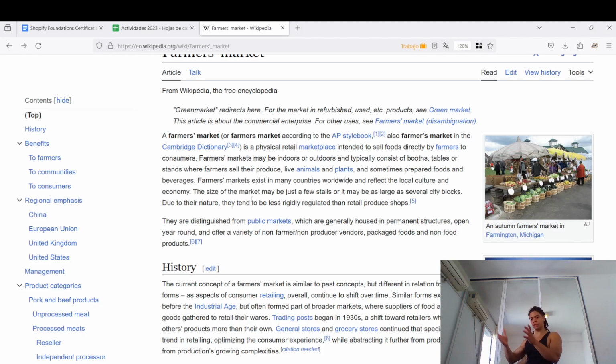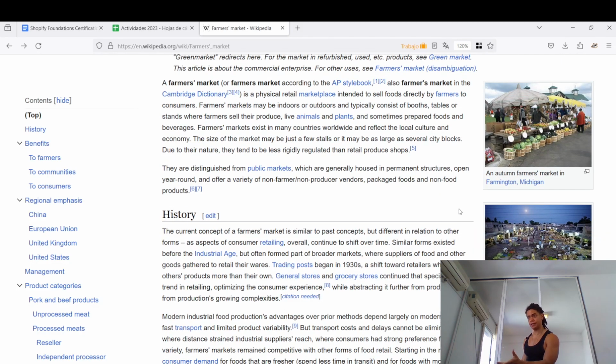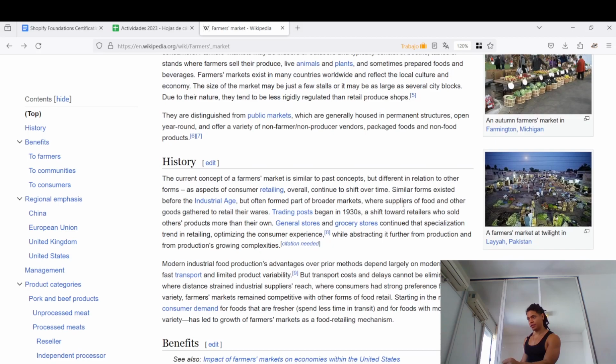These are examples of brick and mortar locations, and casual sellers, those businesses that sell at farmer markets. An example of a farmer market here in Argentina is Mercado Central. In Paraguay, they also have something like that, Mercado Central.